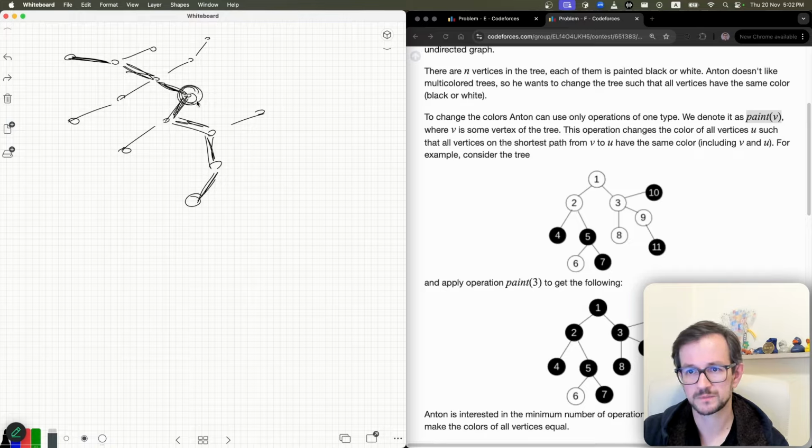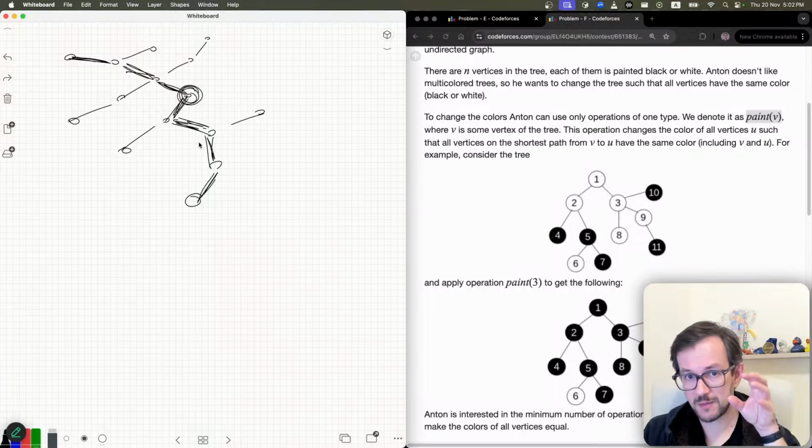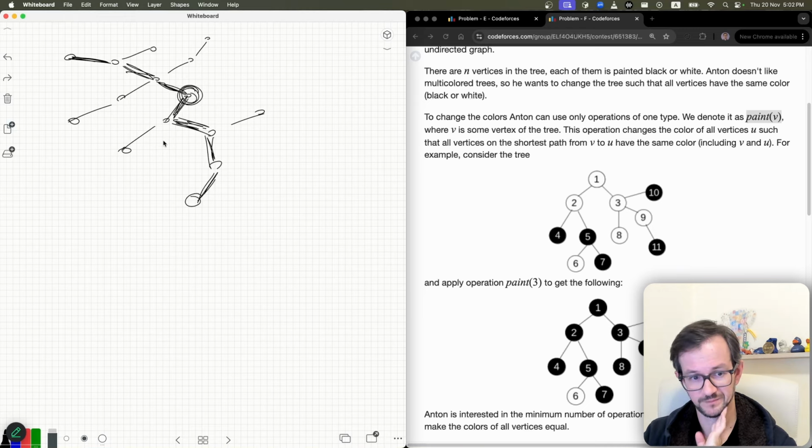Okay, let's take this. The center of the diameter has a very nice property: it minimizes the maximal distance to all the leaves. Okay, hope it was okay. If you didn't know it before, we definitely need a lecture.